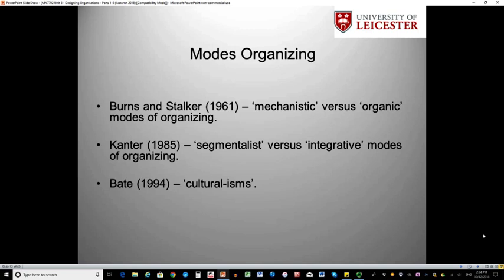So Cantor's segmentalist mode of organising discourages boundary spanning, and is quite similar to the mechanistic mode. And Cantor's integrative mode concerns the integration of different parts of the organisation, and therefore encourages boundary spanning, and is very similar to the organic mode talked about by Burns and Stalker. Okay, so let's have a little bit more look at Burns and Stalker.